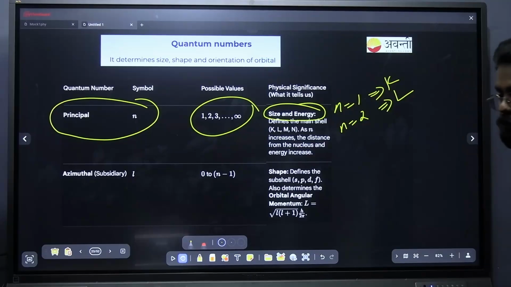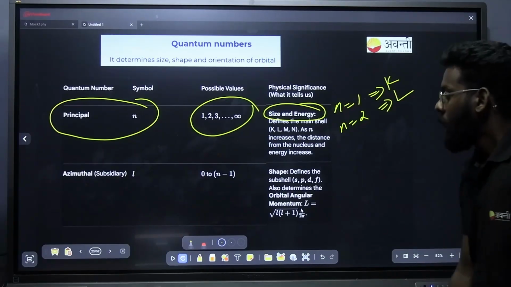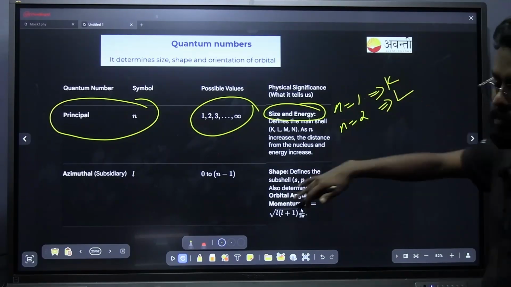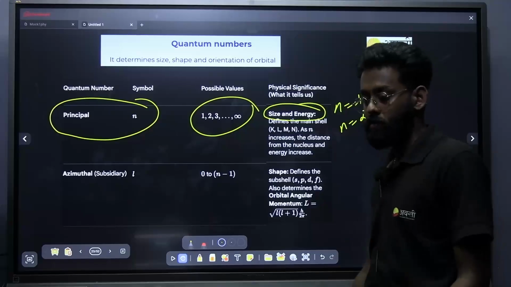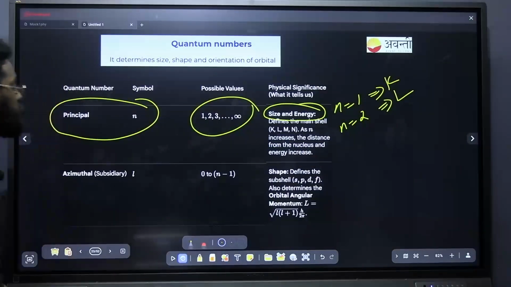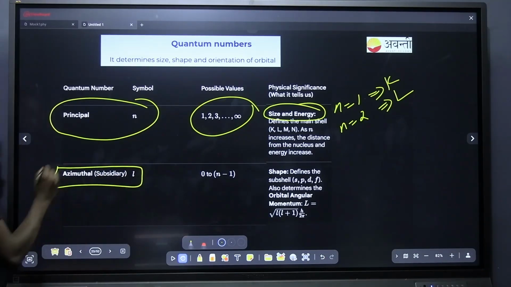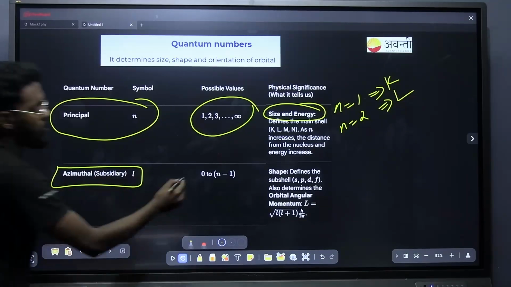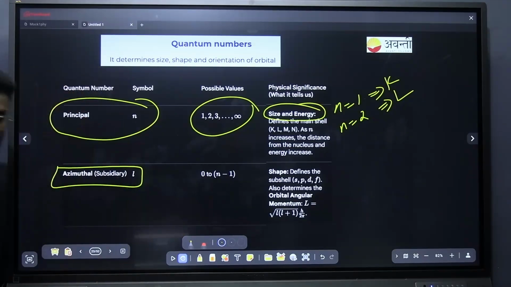Got it? Now we know that every country is divided into different states. So here also, the principal quantum number is divided into different states. Those states are the azimuthal quantum number l, and its values are from 0 to n minus 1.